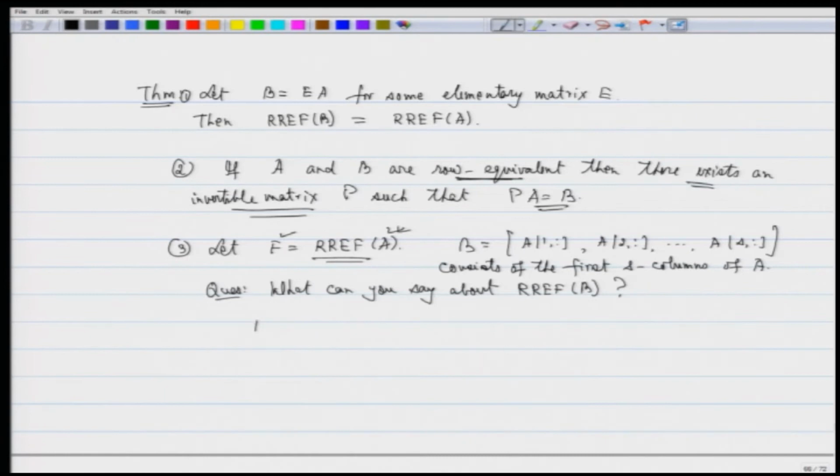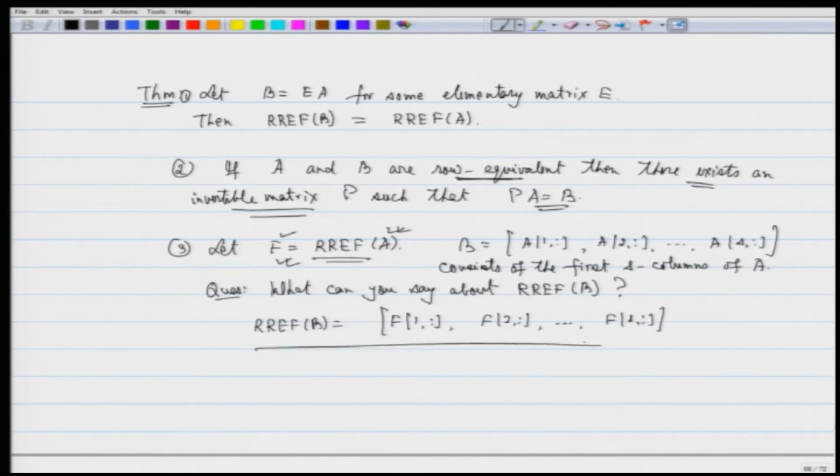If I pick the first S columns, and first is very important, I am not picking any S columns, it is the first S columns, then RREF of B will be nothing but the first S columns of F.